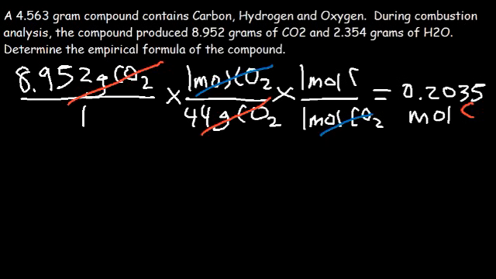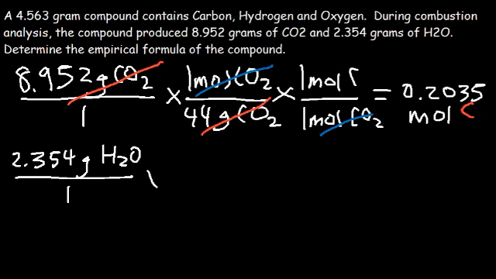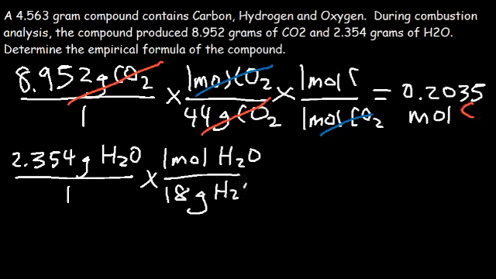Now let's do the same thing for water. We have 2.354 grams of H2O. And we know the molar mass of water is about 18 grams per 1 mole. The molar ratio for water is 2 to 1.